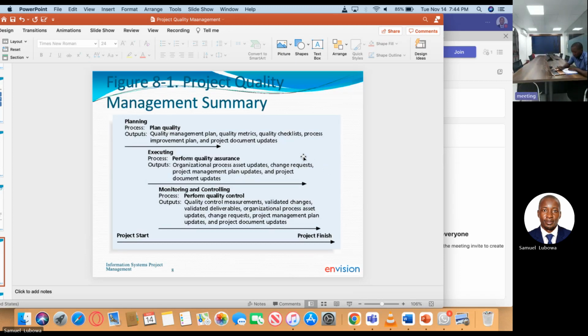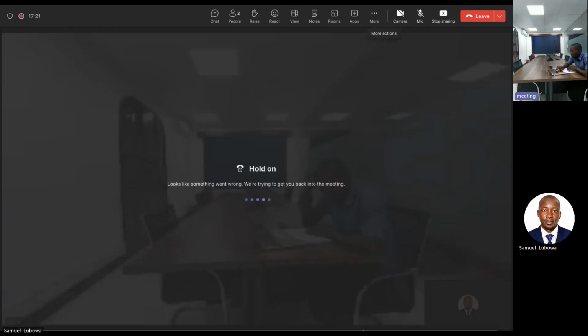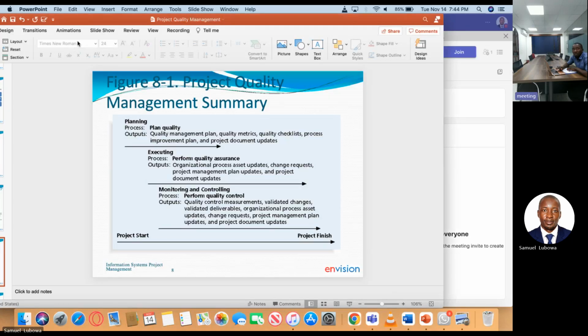Plan quality, like what I was trying to show you, the way you see ATM machines. This network seems to have issues. Allow me to first terminate this session to confirm whether it is actually recording or misbehaving because of the network. We're going to proceed, but let me first terminate this.